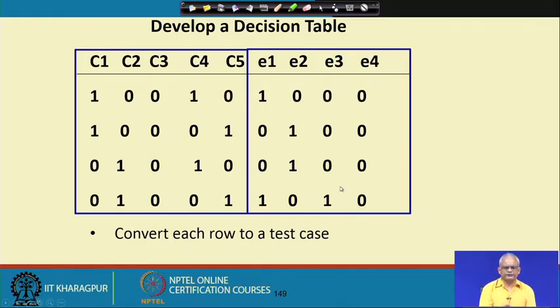We just identify from the graph that if certain causes are both 1, then the effect is 1 and so on. And then once the decision table is developed from the cause effect graph, we get the test cases.